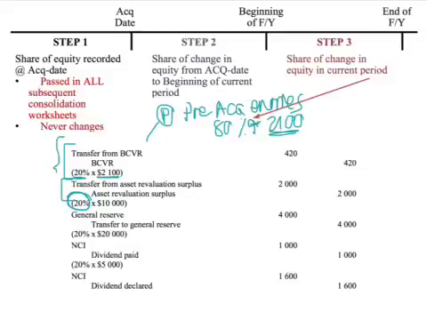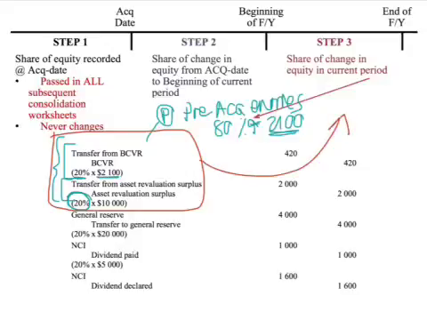Now both these entries for the parent company, in terms of the timing, were adjusted in the pre-acquisition equity entry. But for the NCI, because we don't adjust this step 1 entry but adjust it when the actual transaction occurs, these entries are passed in the current year. Okay, so even though they relate to pre-acquisition equity, they're being passed in the current year.